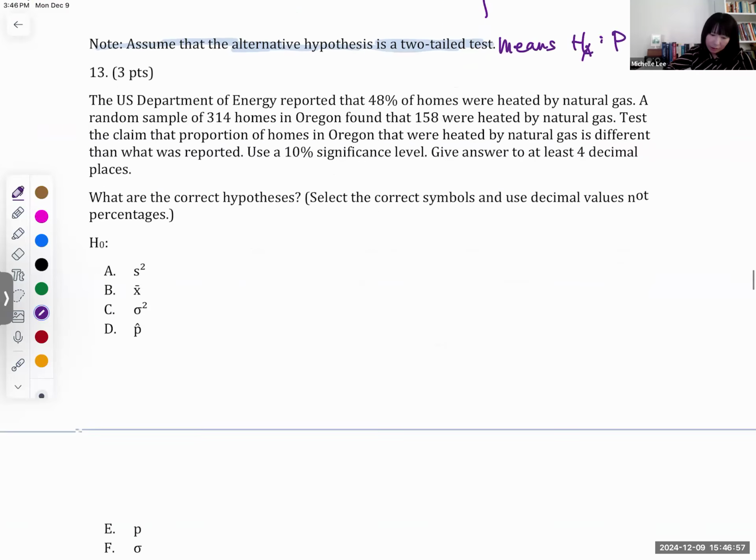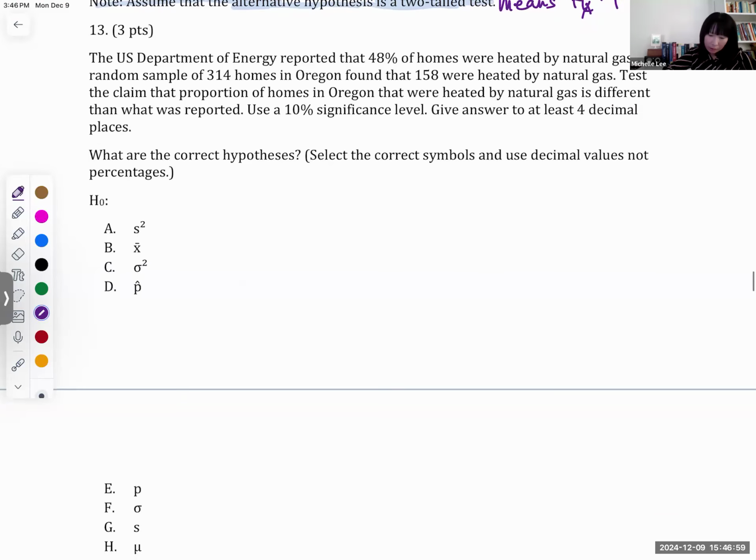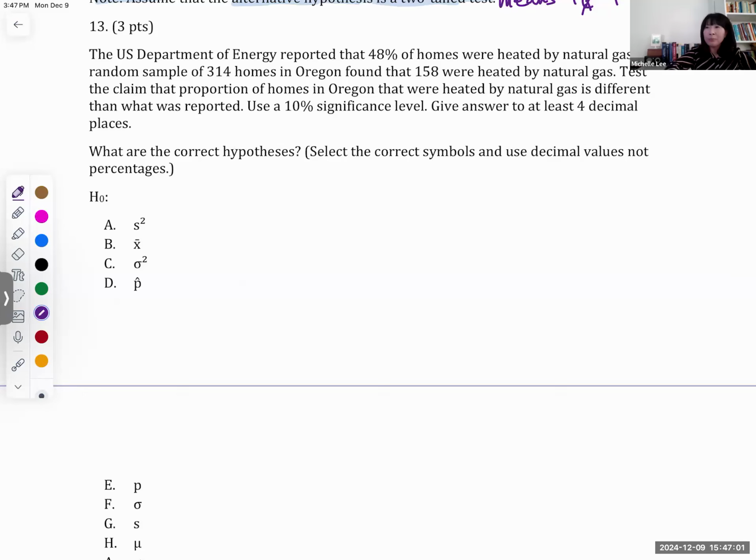Number 13, please read. So we want to answer a hypothesis test. So the null hypothesis. Does that make sense?